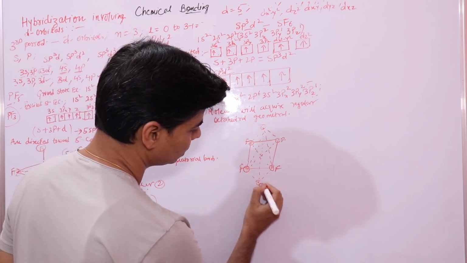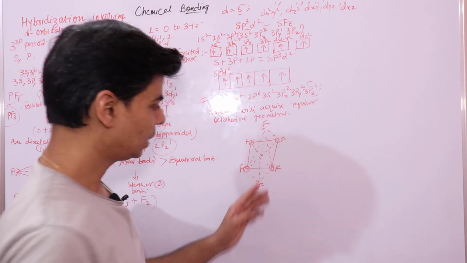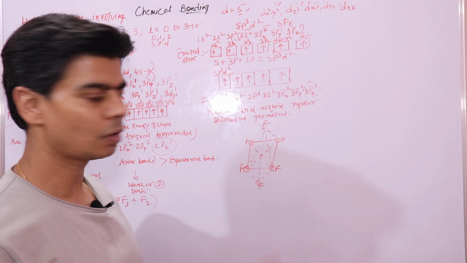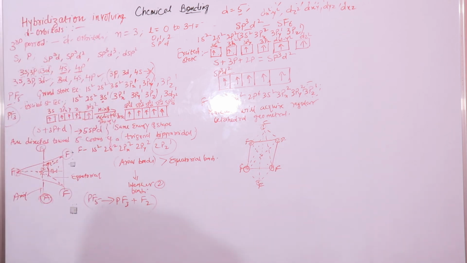So these are 6 hybrid orbitals, and fluorine atoms would be occupying these corners of the regular octahedron. This is how the geometry looks. And the angle between the bonds is 90 degrees.